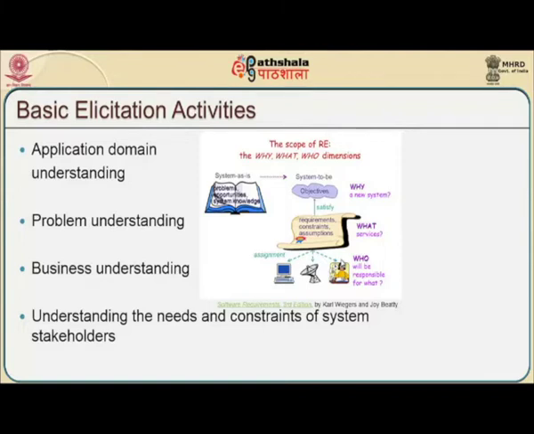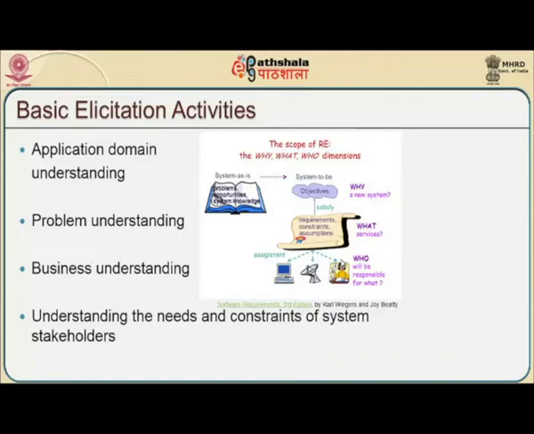So this will clear the different services, or this will encompass the different services that the system is supposed to have. So this talks about the what of a system. At the next level, this will be assigned to different levels of users who will be responsible for the what of the system. So when we want to develop a new kind of system, we should basically mention those for whom this will be useful.